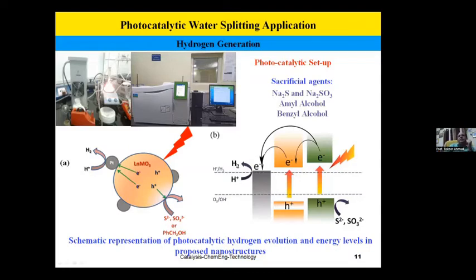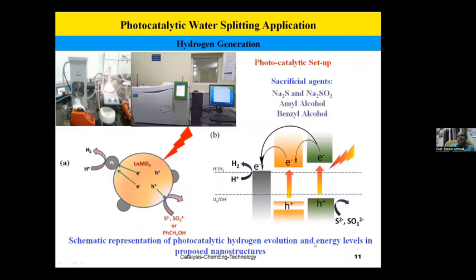If we can liberate hydrogen, then we can allow this liberated hydrogen into the GC machine supported by the TCD detector, and if hydrogen is there, a very clear signal will appear over the screen, and the sacrificial agent loses its identity.